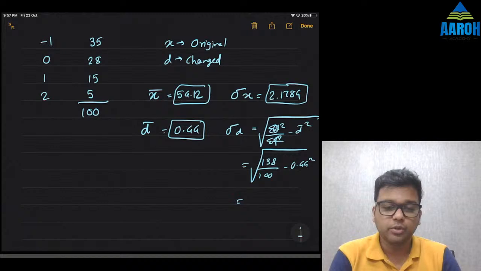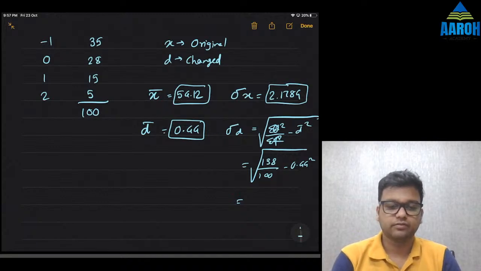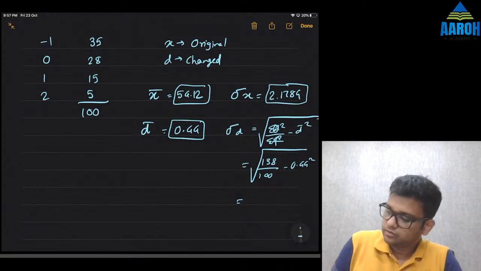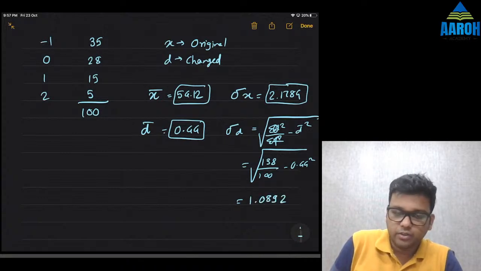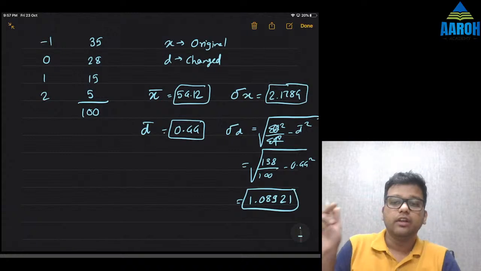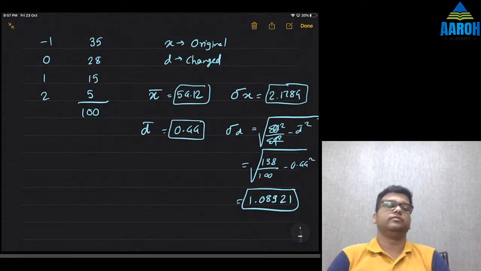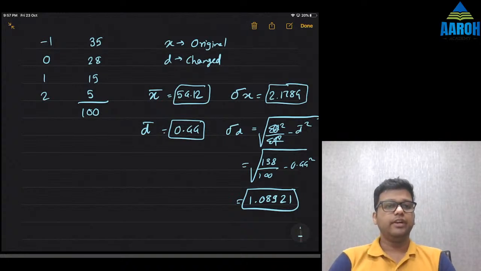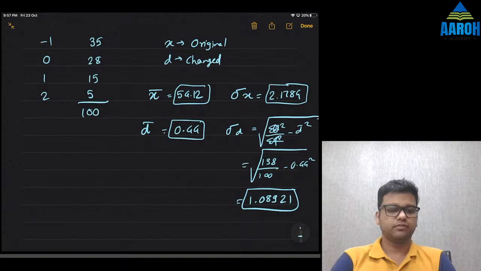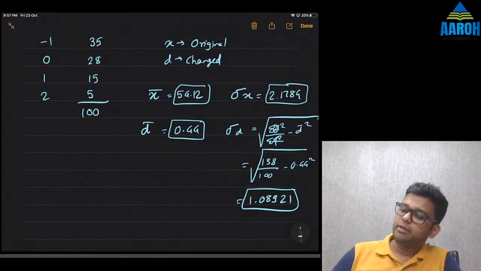So sigma d should be 1.08921. Let me know in comments if everyone has got d bar and sigma d. Yes or no? D bar and sigma d. Has everyone got d bar and sigma d?